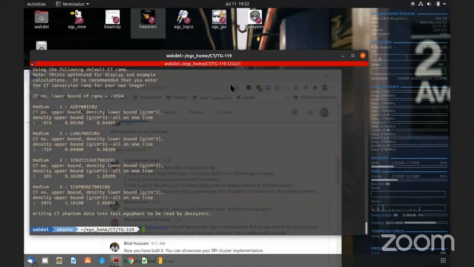And then are you going to modify the density, or are you just going to assume the density to be constant? So obviously it does not make sense to have a constant density in this case, let's say from minus 724 up to 101, and you just assume tissue with a density of 1. This doesn't make sense. So you need to figure out a way how this is done. Okay.